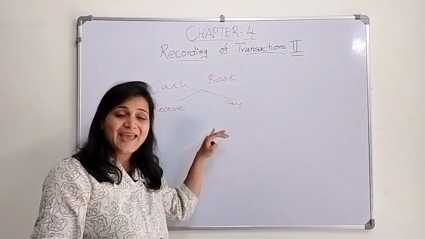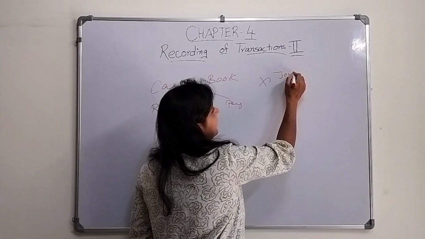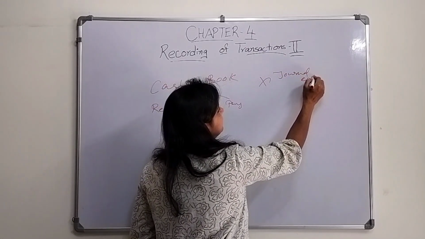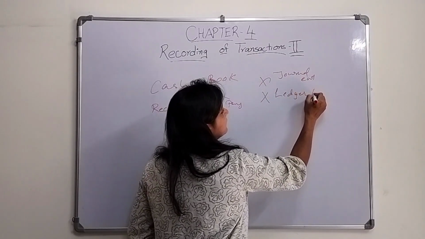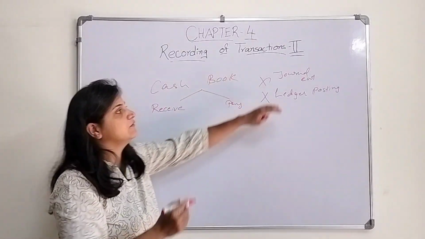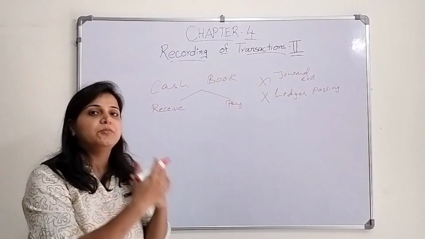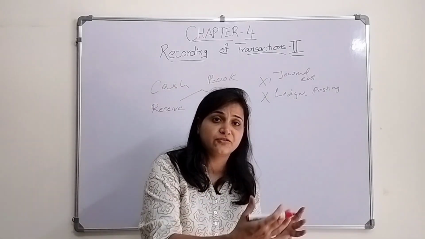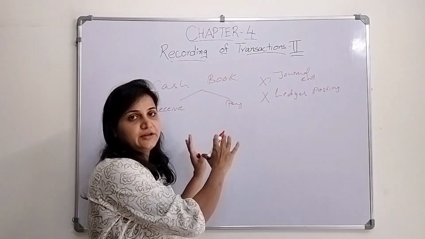So we will prepare a cash book, not going to pass journal entries, and no ledger posting. This cash book is going to serve the purpose of both journal entries and ledger posting. We are not supposed to prepare a separate ledger account of cash. We are dealing with the cash book, everything is being covered in it, right?